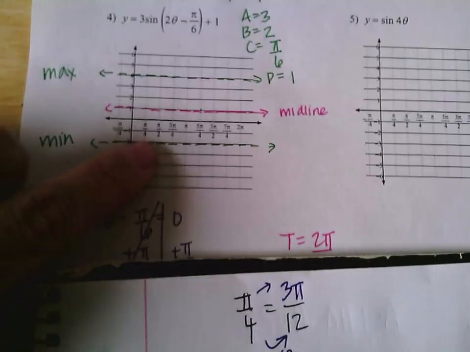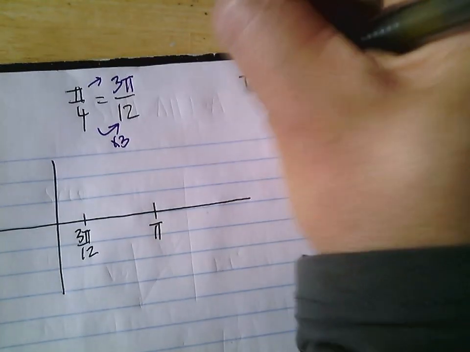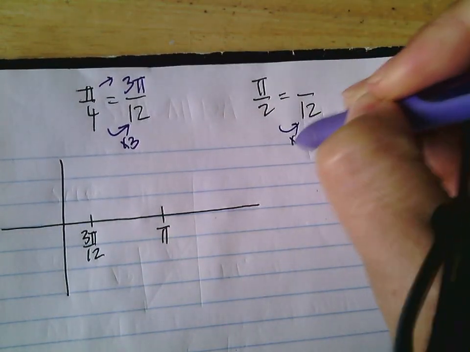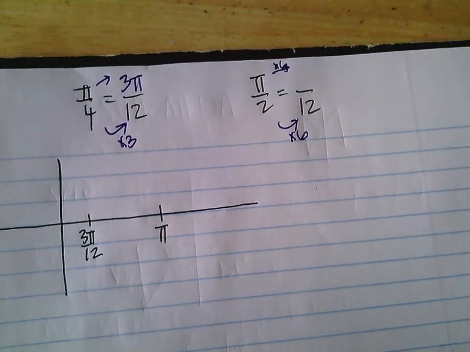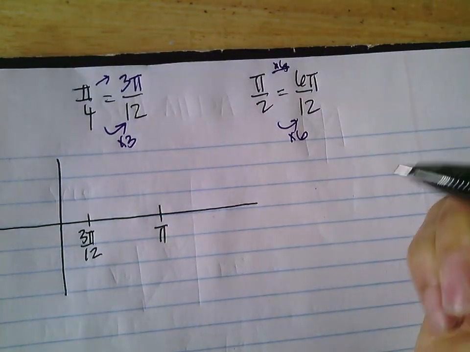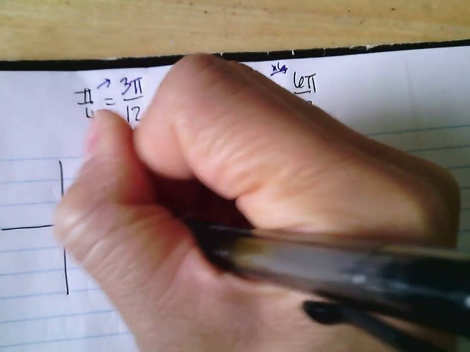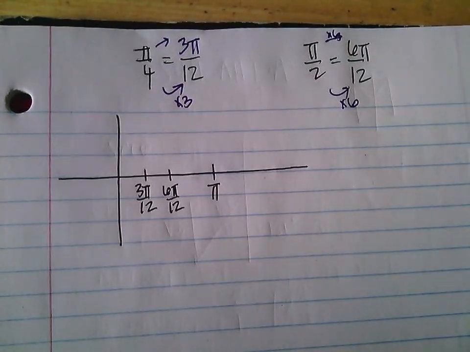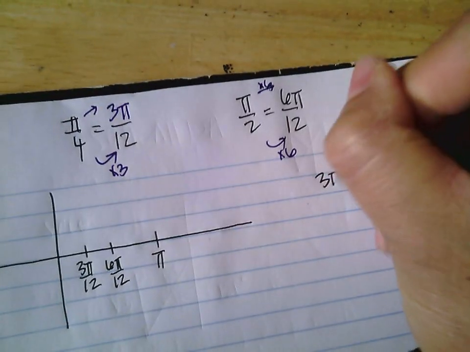If you look on our graph now, we have pi over 2. If I were to rewrite pi over 2 so that it has a denominator of 12, I multiply by 6, so then I have 6 pi over 12. Next one I have is 3 pi over 4.